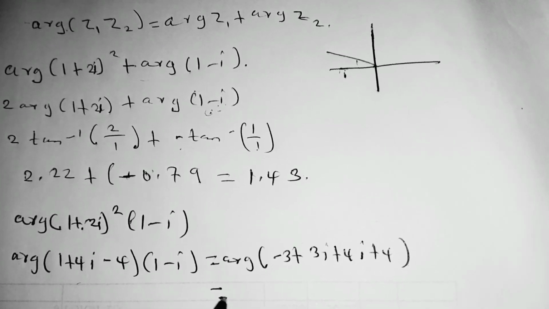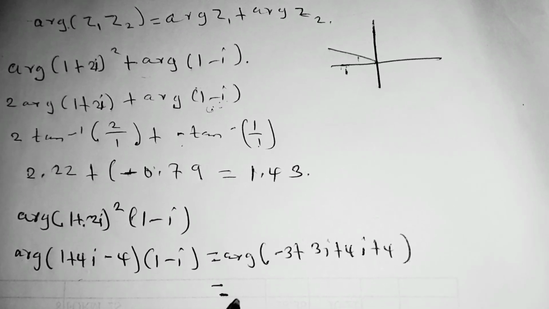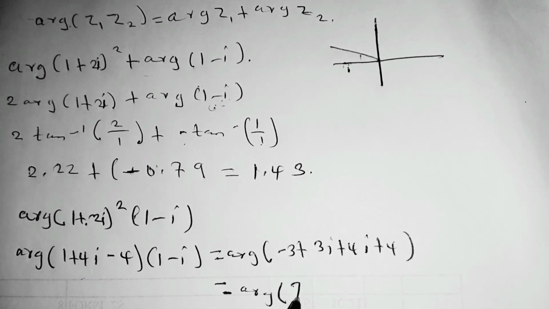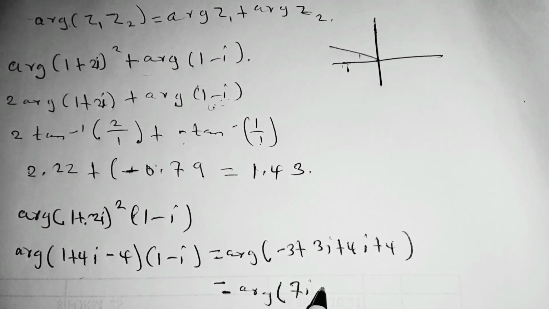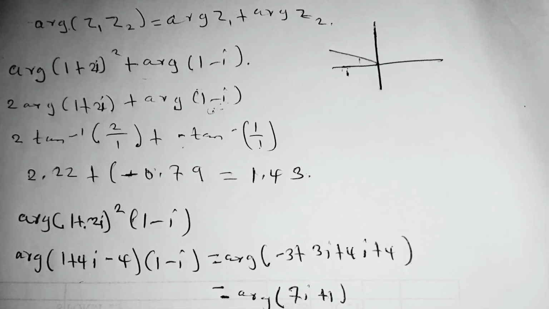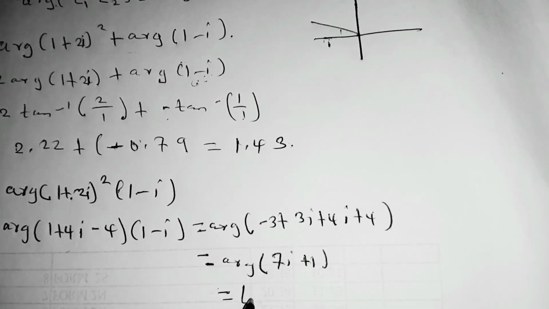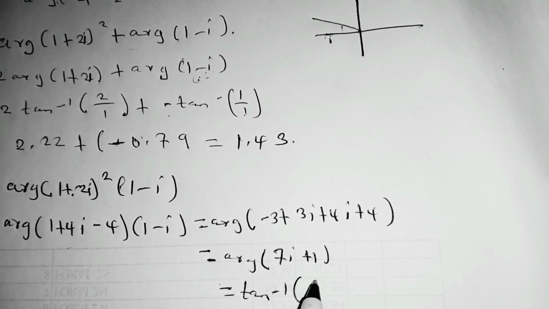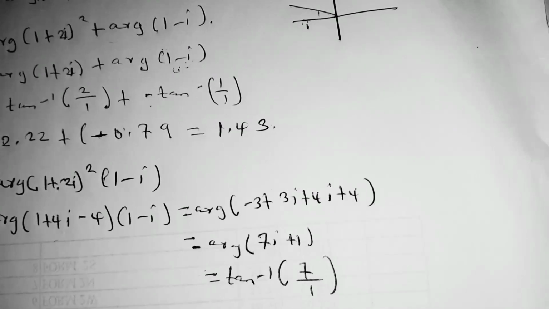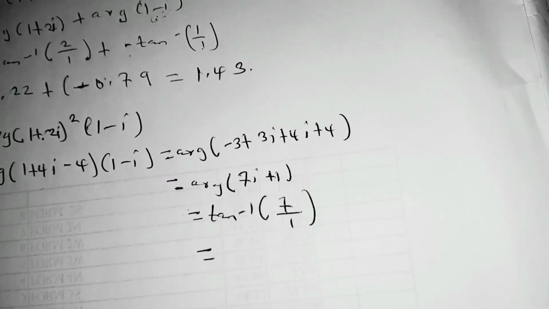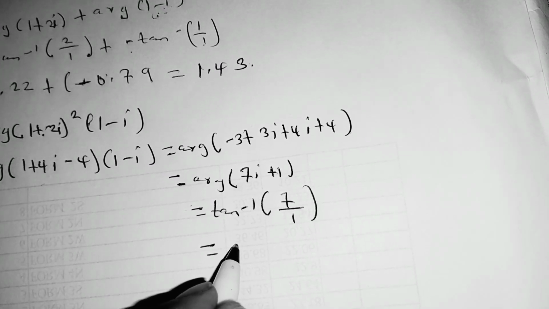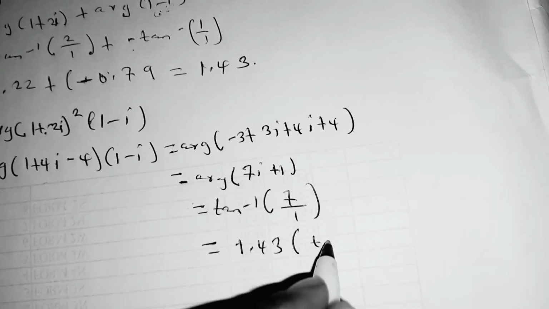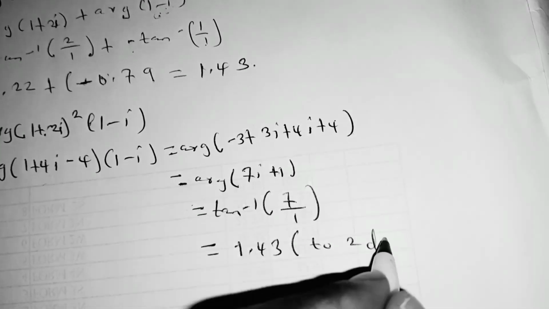This is equal to the argument of 7i plus 1, which is equal to tan inverse of 7 over 1, which is equivalent to 1.432. This is correct to 2 decimal places.